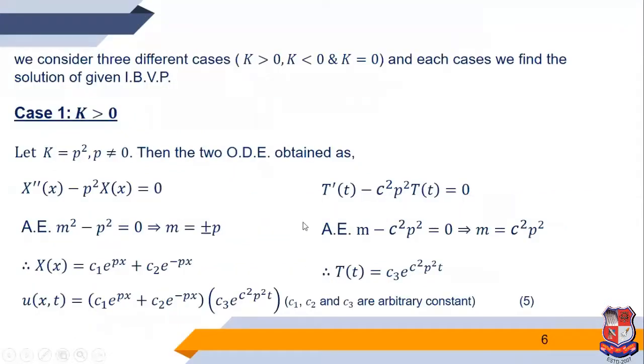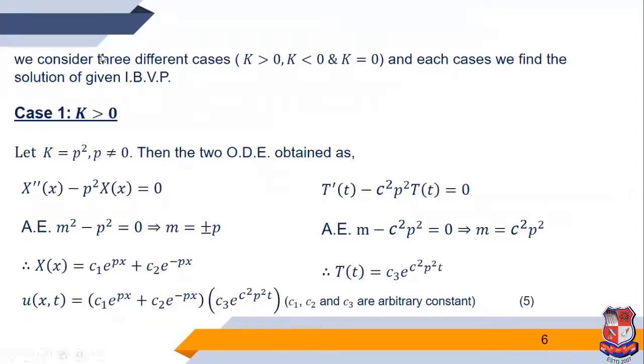Now in the previous lecture we discussed, if the second order ODE arises, then we consider different types of cases. One is k greater than 0, k less than 0, and k equal to 0. And in each case we find the solution of the given initial boundary value problem.